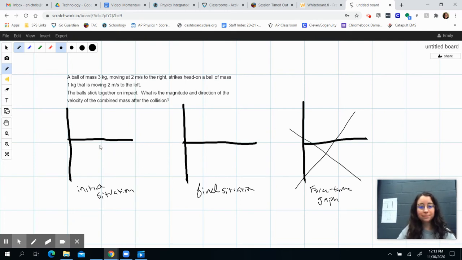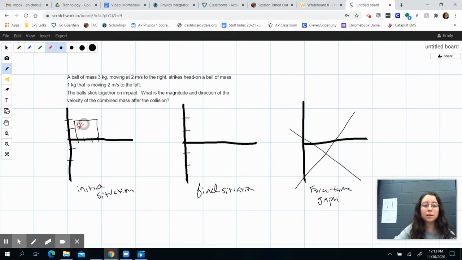So first, I have a mass of 3 kilograms moving 2 meters per second to the right. So let's add some scale to my graph here. And I want it to be the same scale on both. Each of these ticks is 1 meter per second. So that means that if I have a 3 kilogram mass going 2 meters per second, it's going to look something like this.